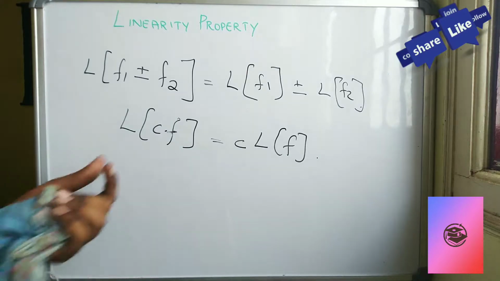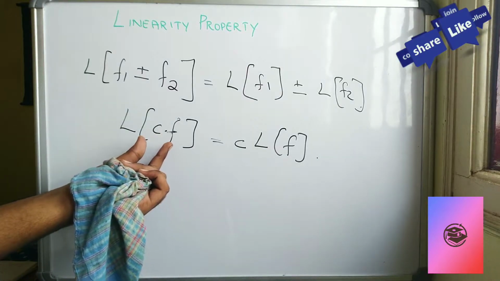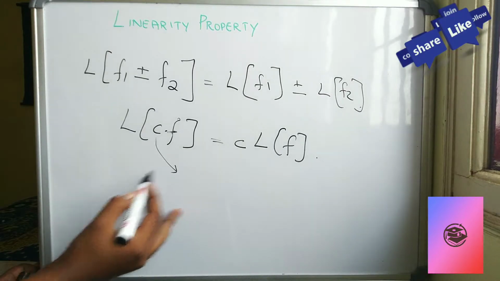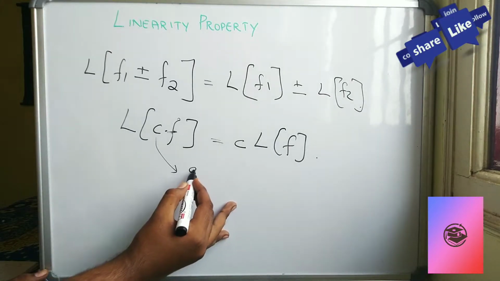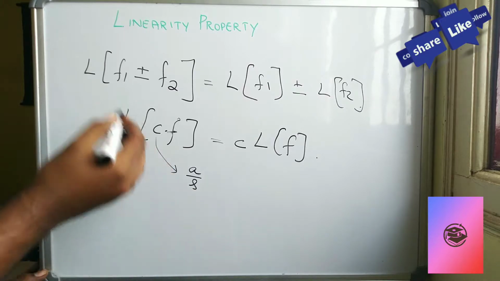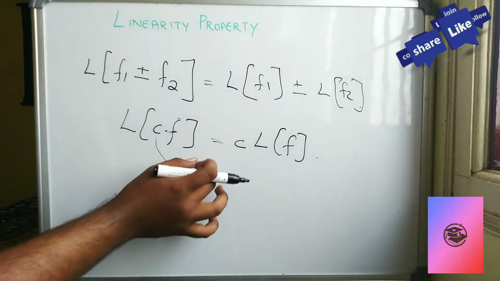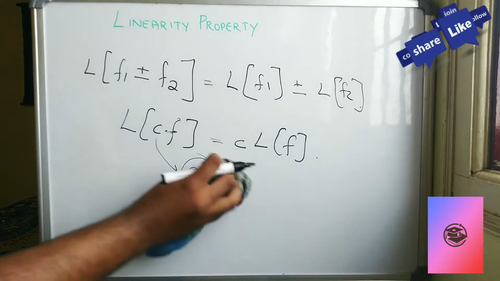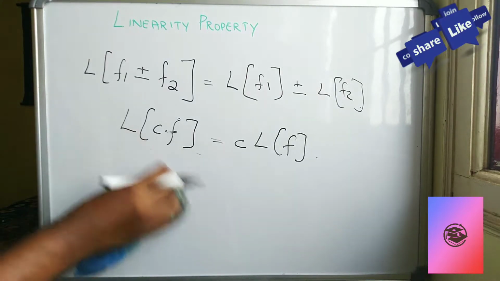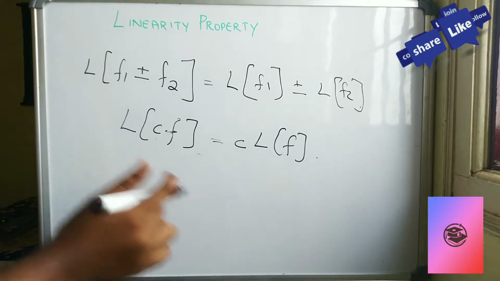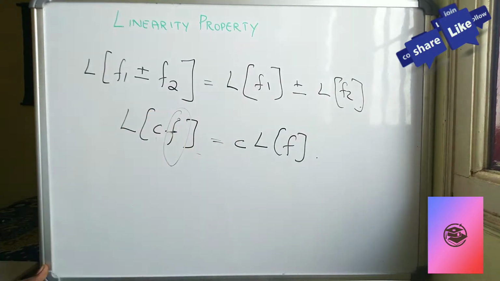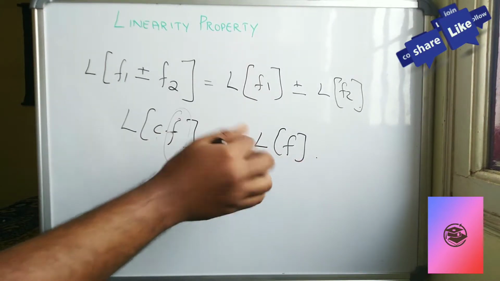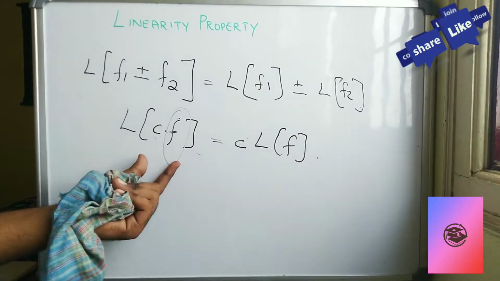Always remember, when a constant is in product with a function, sometimes students write it as a by s, because the Laplace transform of a constant is a by s. You should not write a by s; you have to take that constant outside and find the Laplace transform of the function, because the constant is multiplied with this function. Try to analyze this.